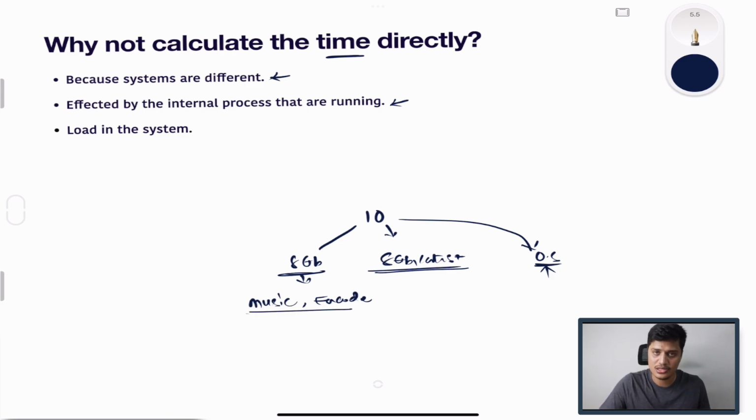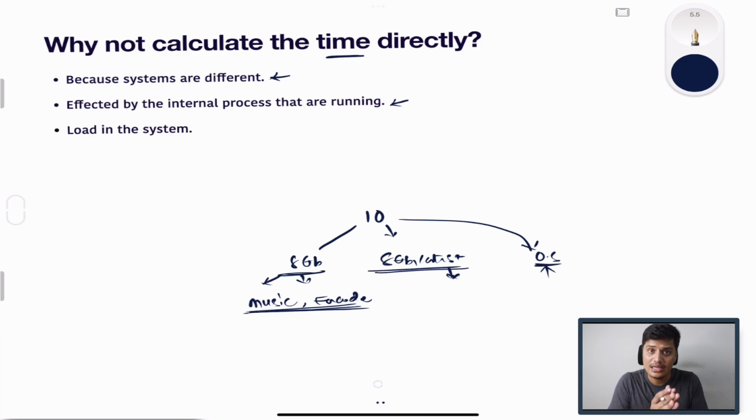by all these processes. So the amount of time taken by my program, the same program on an 8 GB system in which the internal resources are being consumed by music running and video encoding, is going to be different from an 8 GB latest processor system which has nothing running in it.